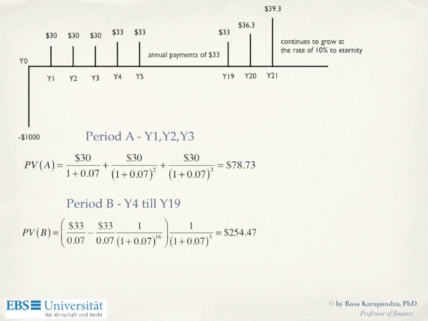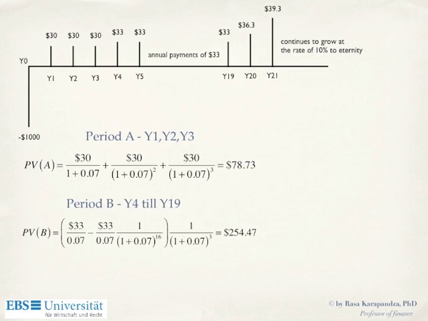And how much is that worth today? Well, you have to discount it for 3 years. This thing in the parenthesis is how much it is worth in year 3, and for any cash flow in year 3, in order to calculate how much is it worth today, you have to discount it with 1 plus 0.07 to the power of 3, with the discount factor for the 3-year cash flow. Any questions for this?